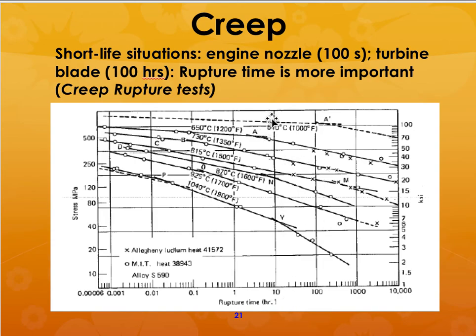So from this, say for example, if I tell you what is the rupture time for this component at say 1200 degrees F and approximately 500 megapascals. So if you plot a line from 500 to here, so what is this time? So this is approximately 2 hours or so.